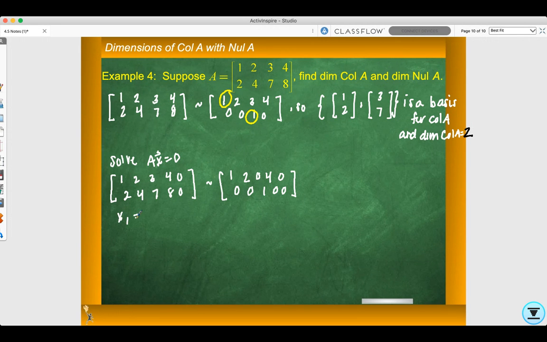So x1 would equal negative 2x2 minus 4x4, I believe. x2 is free. x3 would equal 0. And x4 is free.